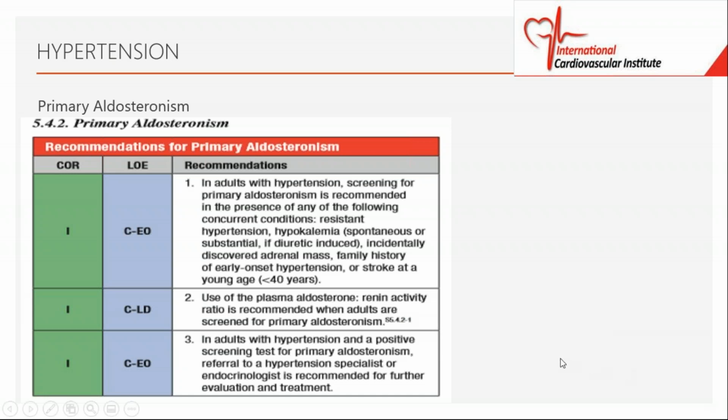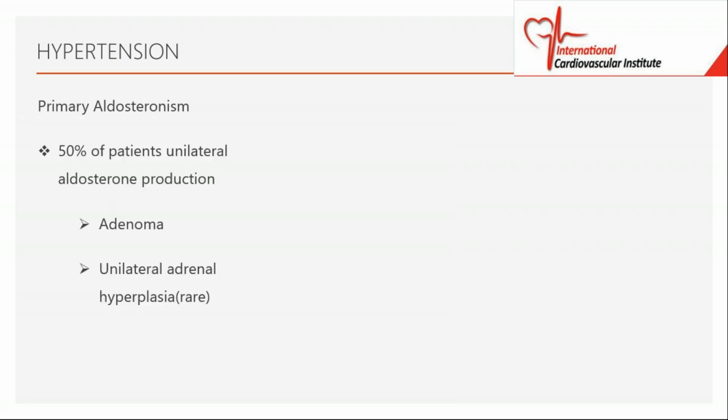The screening test for primary aldosteronism is a plasma aldosterone to renin activity ratio. And if that ratio is elevated, the number you need to remember, I think, is 30. If it's above 30, then I'll show you the additional workup. But once you make the assessment of primary aldosteronism, you have to refer these patients to the appropriate specialist, a hypertension specialist or endocrinologist.